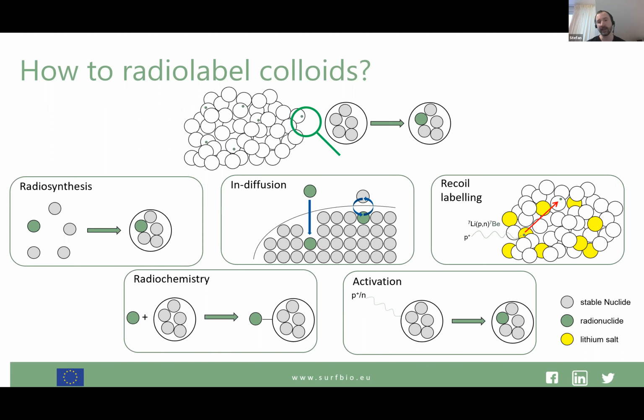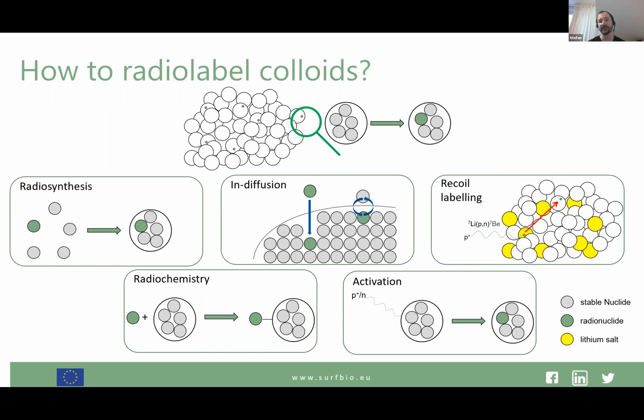Basically, here you mix the particle with a lithium salt, and then you irradiate this mixture. And if you irradiate this with protons at the cyclotron, the lithium will undergo a nuclear reaction, (p,n), so proton in, neutron out, and will form beryllium-7.